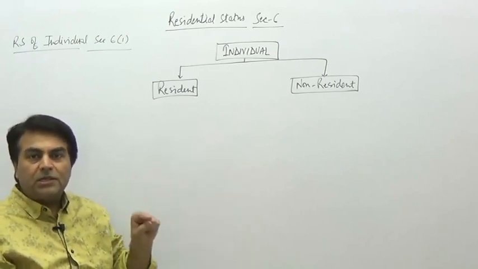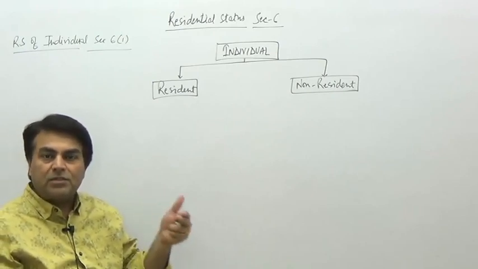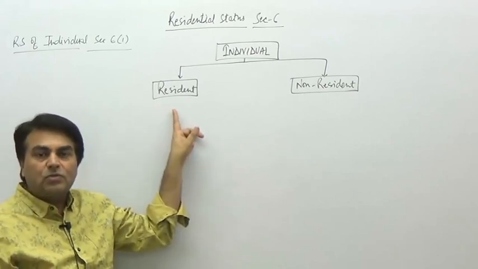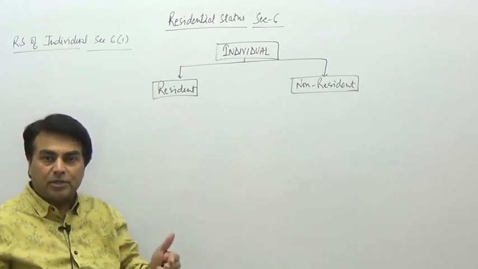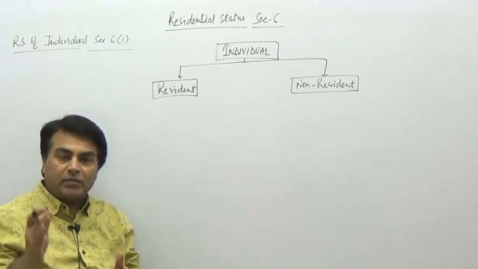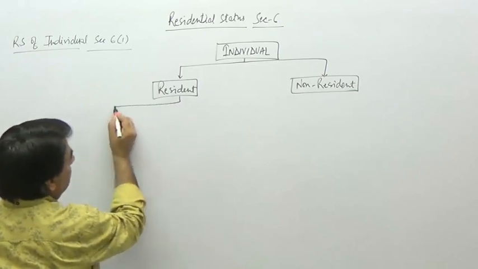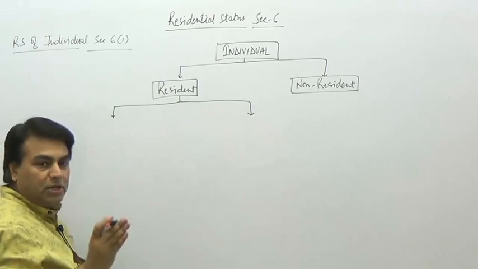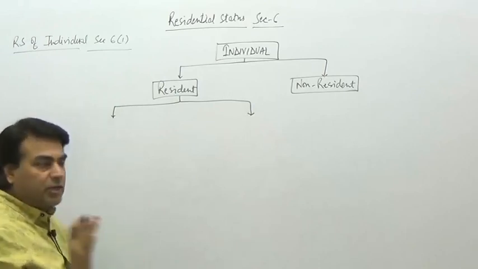Okay? But in case, when you applied the test and the test shows that he is a resident, resident is not a final status in itself. That means you need to go further then. Now, once your individual is established as a resident, what would we do? We would go further. As a resident, he may be an ordinary resident or he may be a not ordinarily resident.